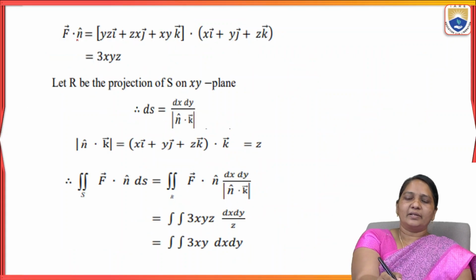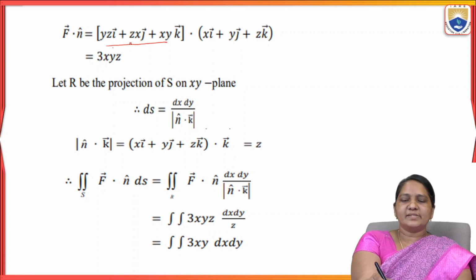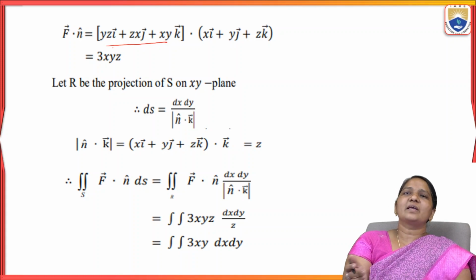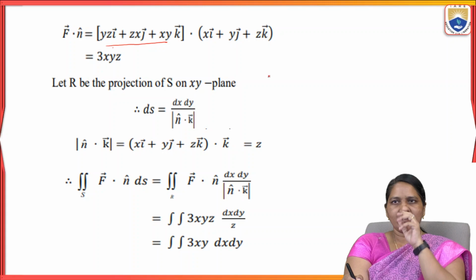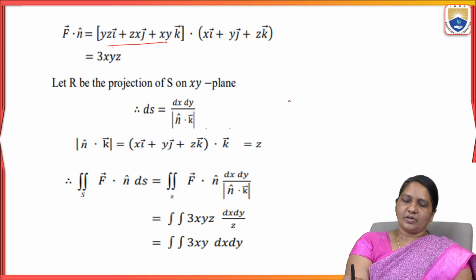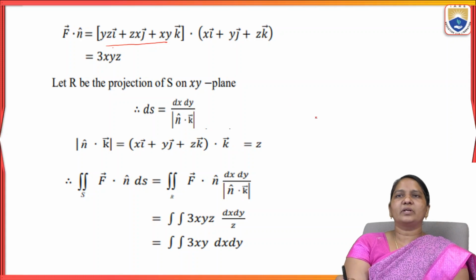Now we calculate f bar dot n. This is the f bar: yz i plus xz j plus xy k. Now doing the dot product with x i plus y j plus z k, i dot i is 1, j dot j is 1, k dot k is 1.